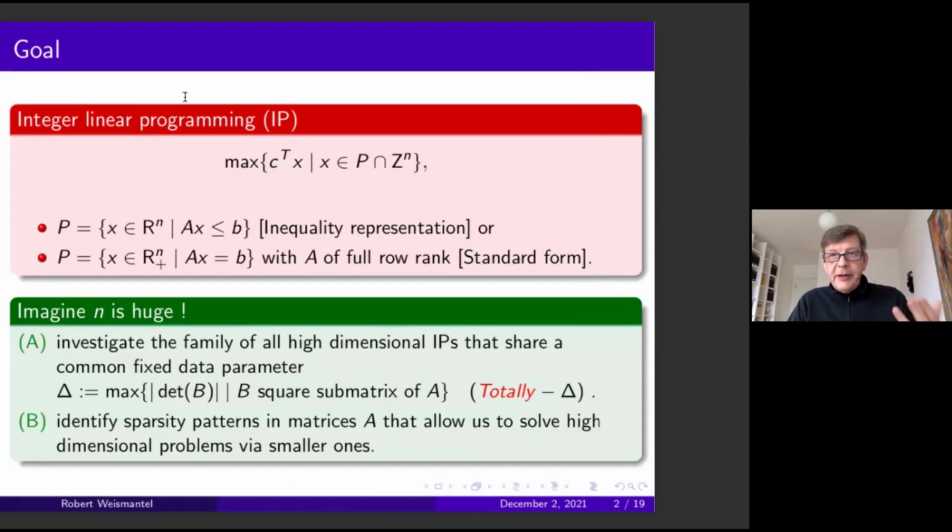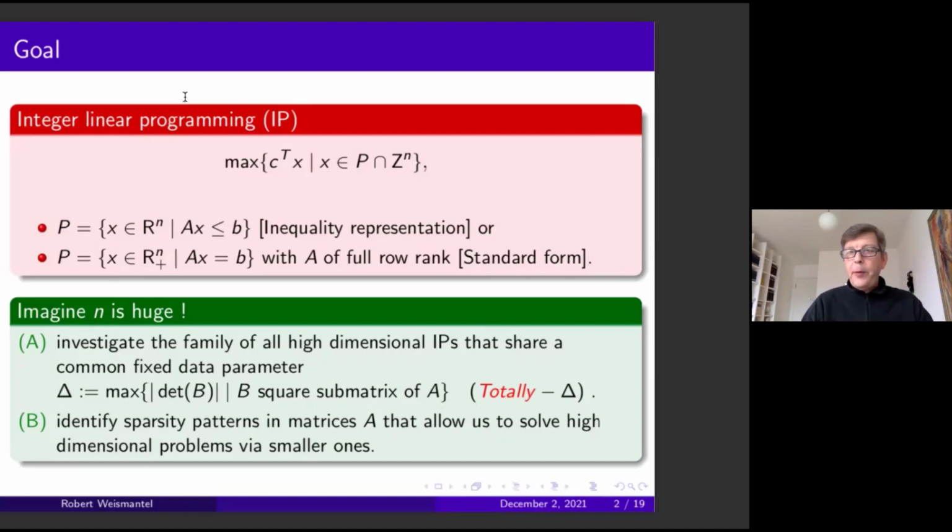The parameter I will typically look at is delta, which is the maximum of the absolute values of all subdeterminants in the matrix A. For this, I will also refer to the notation totally delta modular. Once again, we fix delta. Delta is maybe 3 or 4 or 5. And now we let n go.